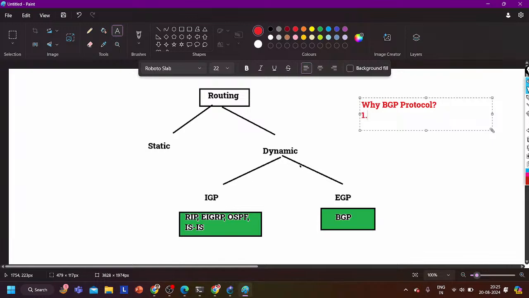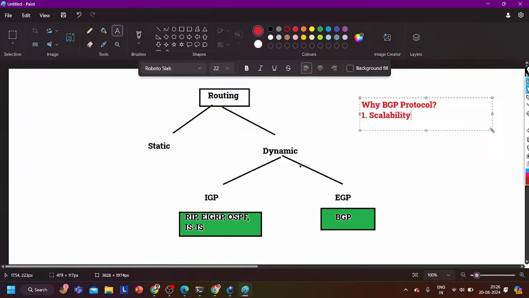See, first reason, scalability, guys. IGP routing protocols are designed to maintain 1000 prefixes, 10,000 prefixes, 20,000 prefixes, not more than that. An IGP protocol cannot manage more than 20,000 prefixes in your routing table.